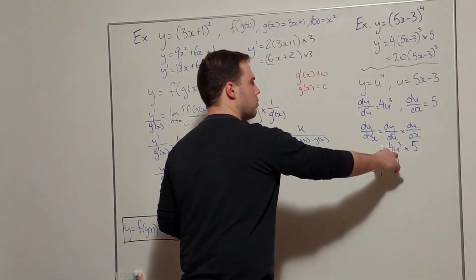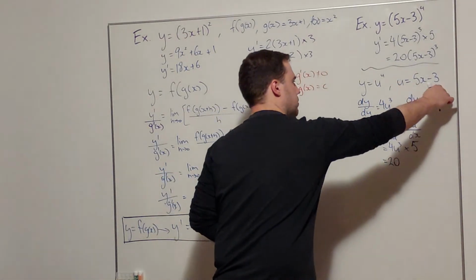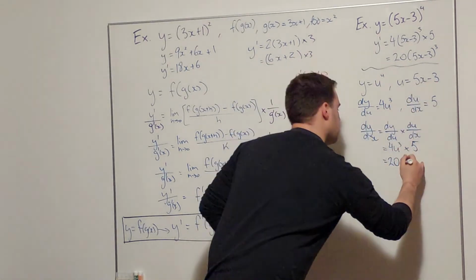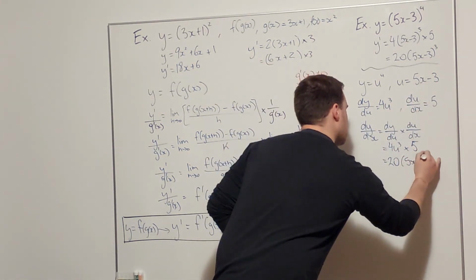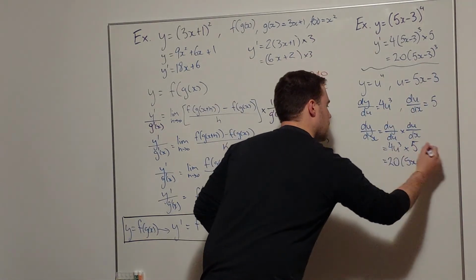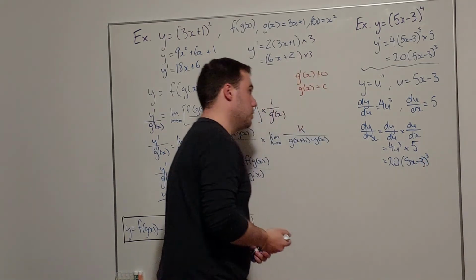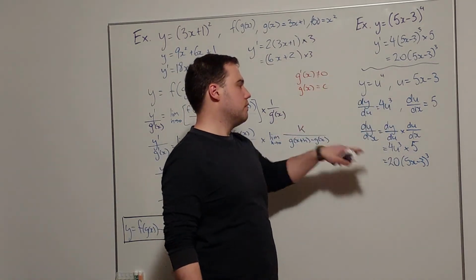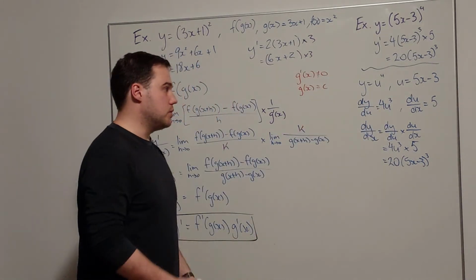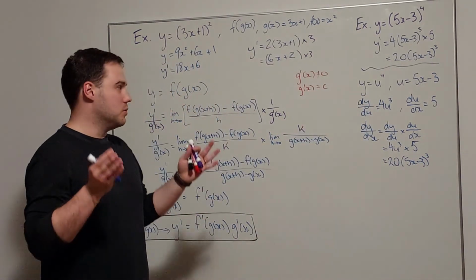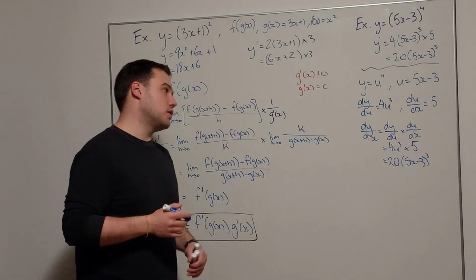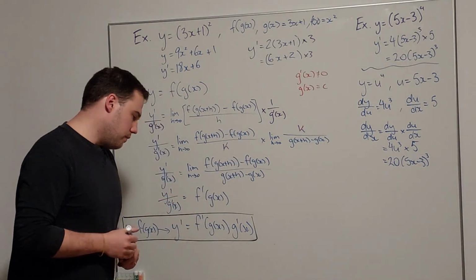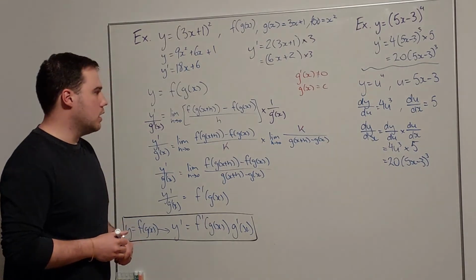And u was substituted from 5x minus 3, so we can put 5x minus 3 back in, all cubed. So you can see we get the same thing, just different working out and arrangement. But again, trust me, this will be useful for some specific types of problems later on.